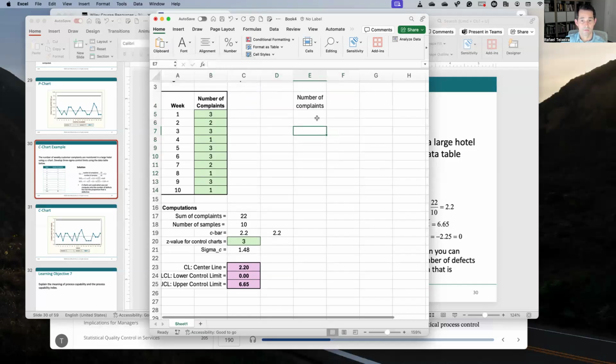My number of complaints here is going to be equal to the number of complaints I have in here. I'm just putting it here to build the table to use in the chart. So I have my lower control limit and my upper control limit, and I can put them here and here. My lower control limit is 0 for all of them, and my upper control limit is 6.65.